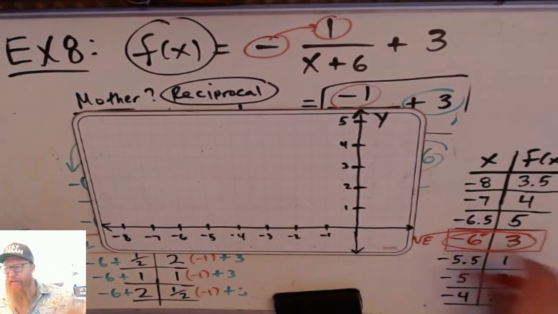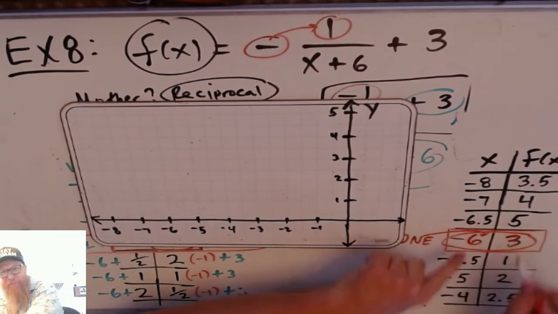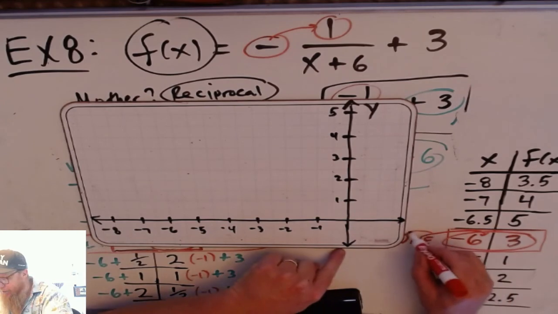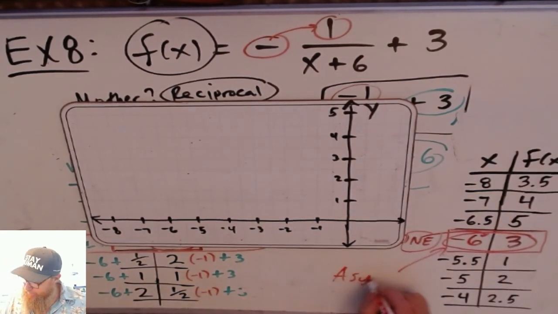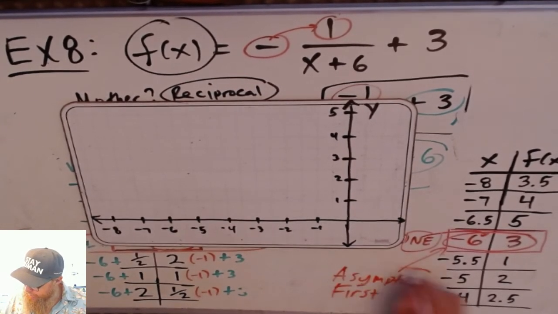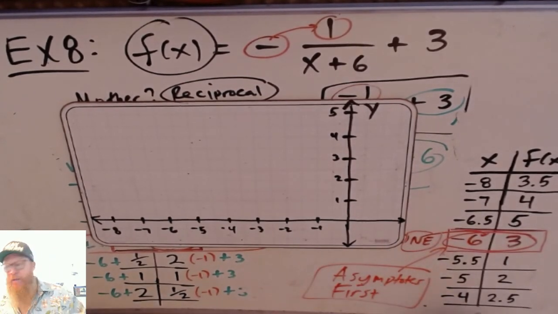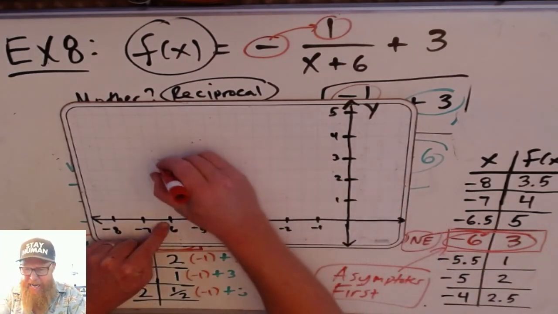Now here's the deal. You wonder why I'm making such a big deal about this? Because when you graph it, you have to plot the DNE first. These are your asymptotes. So you're going to click at -6 and 3.